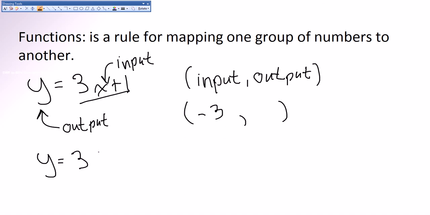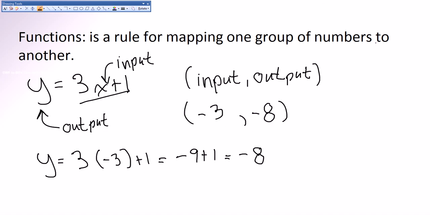Well, I'm going to get 3 times -3 plus 1. This is equal to -9 plus 1, and that's equal to -8. So what this says is that if my input value is -3, this gets mapped to the value -8.